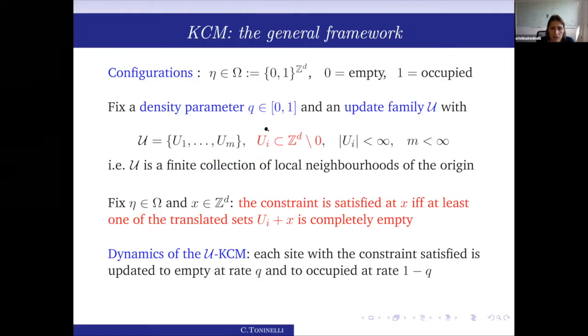In the general definition, I wrote in red an important fact: not only should I have a finite collection of these update sets in the family that determine whether the constraint is satisfied, not only should they have finite range, but they should not contain the origin, so that when I check if the constraint is satisfied, I don't look at the configuration of the origin.